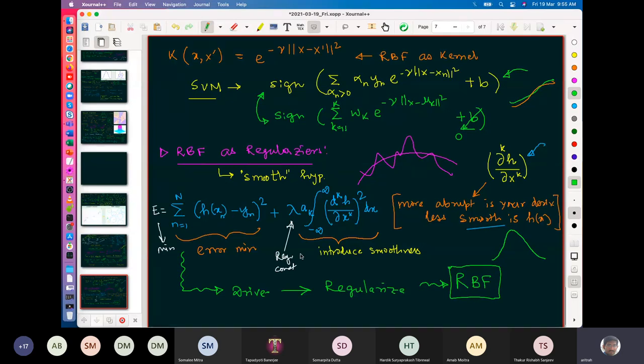So if you derive this, which will minimize this thing, with all the hairy mathematics, or in any standard theoretical machine learning textbook, you will see that if you try to solve this equation for minimizing the error, your hypothesis finally will come as an RBF.